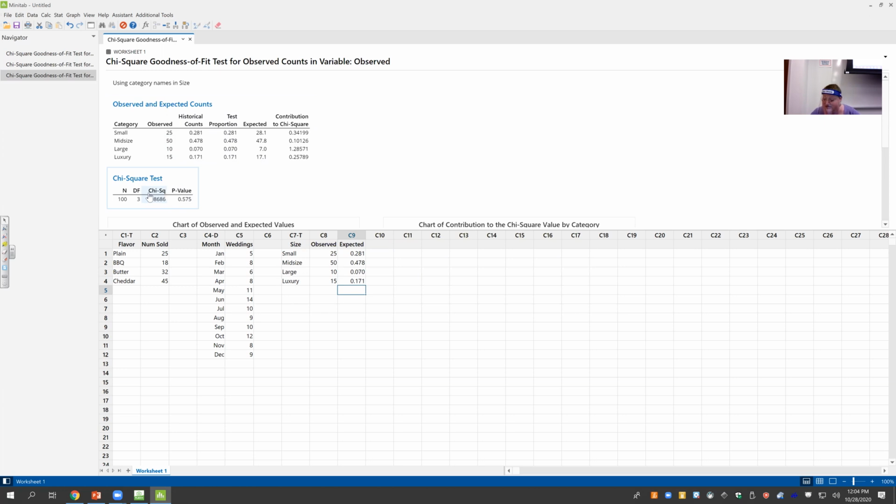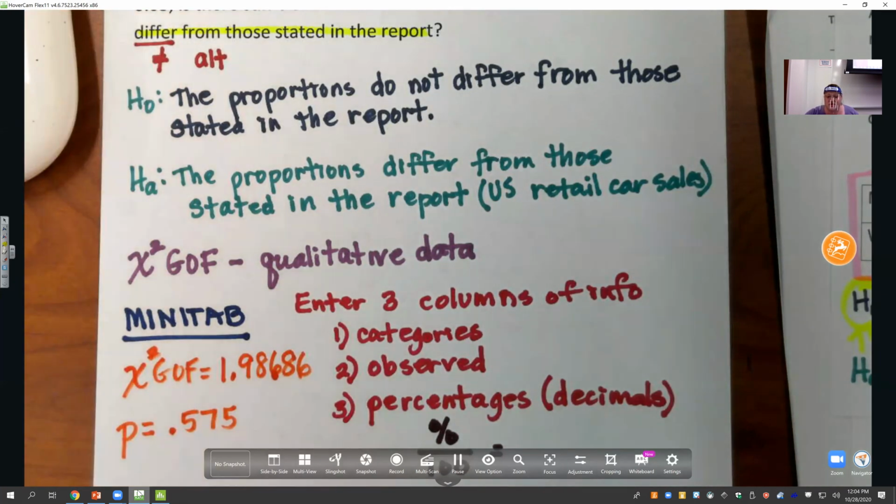So my chi-square goodness of fit is 1.98686. And my p-value is 0.575. Minitab is doing all of the work for you. Write it down. So I wrote it down.